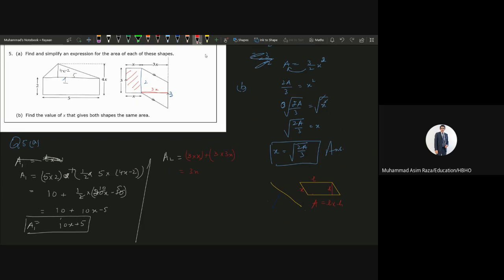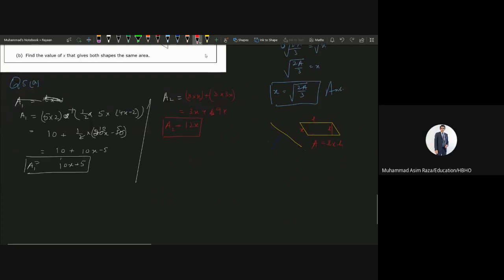Now we have 3x plus 6 plus 9x, which is equal to 12x. This is area 2. Understand? Yes, sir.